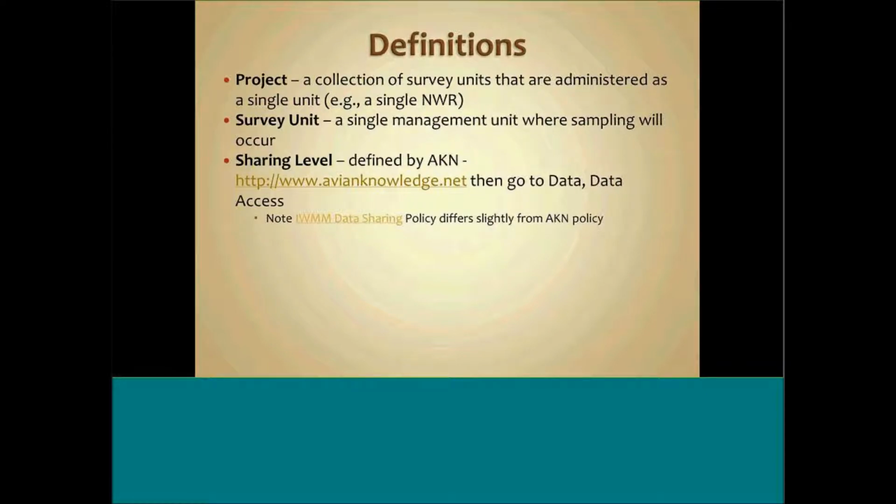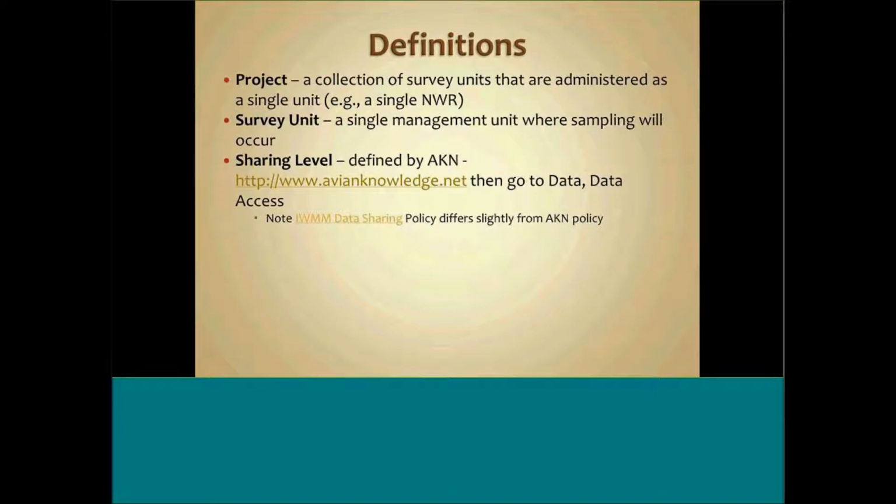That's a collection of survey units that you're responsible for collecting data on, that are being managed as a single unit. That's what we used to call a site, but we now call a project. And then under that are the survey units, the individual management units where you're collecting the actual sampling data.